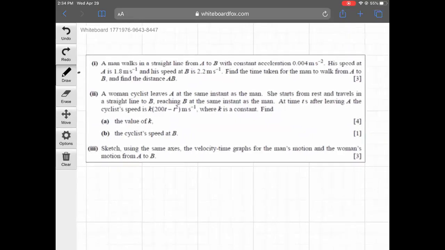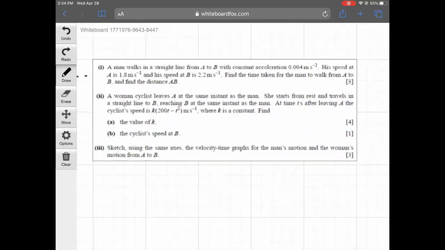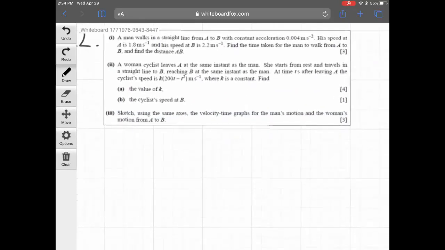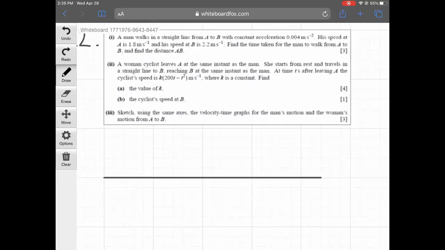I'll read it out. So we've got a man who's walking in a straight line from A to B with a constant acceleration. So let's draw a diagram. Let's say we're going from A to B. So we'll put A here and we'll put B here. So the man's walking from A to B with a constant acceleration of 0.004.